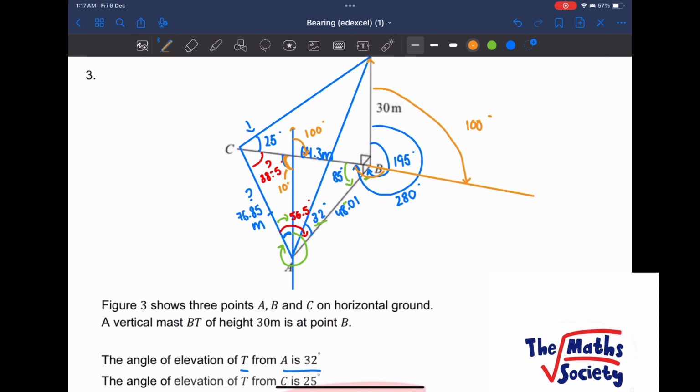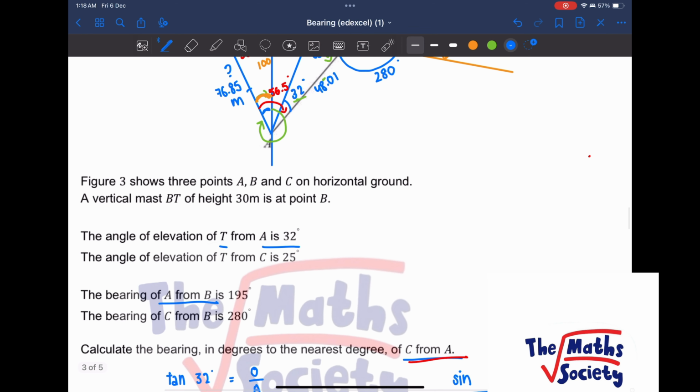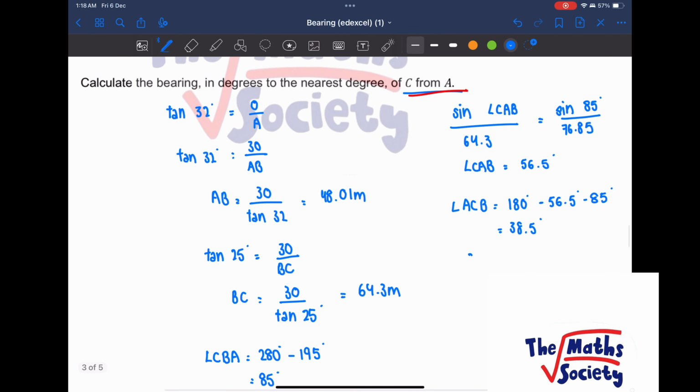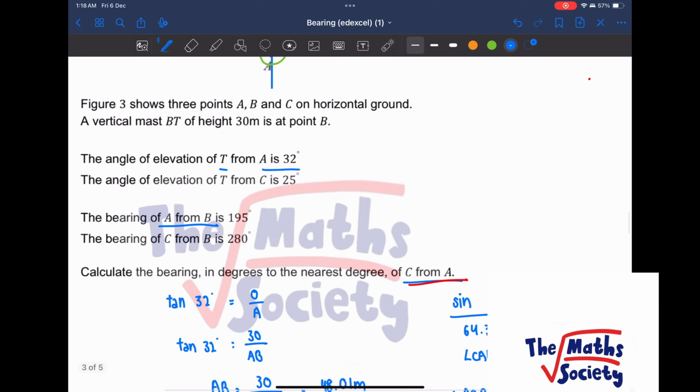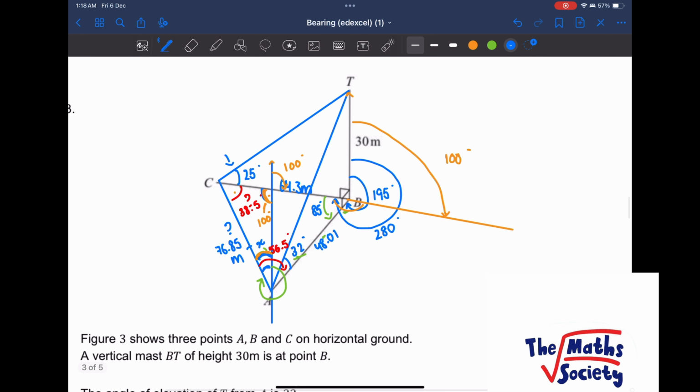So now we have two angles in a triangle, and we just want this little angle, which I'm going to name X. That's X equals 180 degrees minus 100 degrees minus 38.5, and that's where you get 41.5 degrees. So this little x is now 41.5.